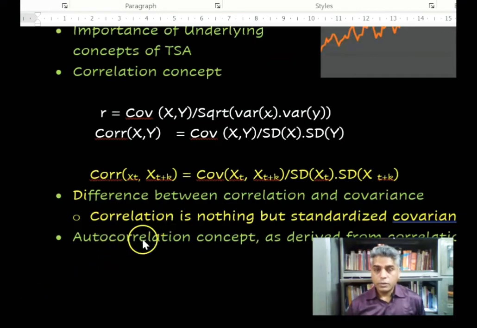And this is what proves that correlation is nothing but standardized covariance, standardized by the standard deviations of the two variables. This in turn came from the correlation formula, which was the correlation between x and y is the ratio of the covariance between x and y and the standard deviations of x and y.